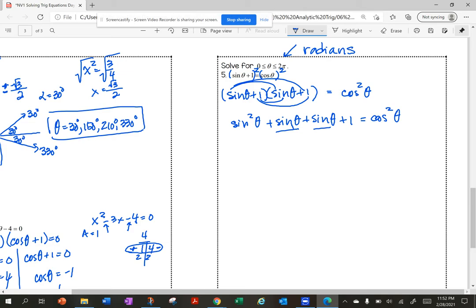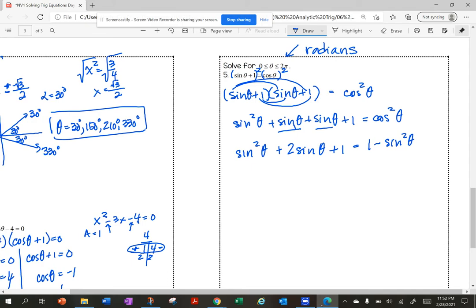I'm going to combine like terms. So I get sine squared theta plus 2 sine of theta plus 1 equals, and I know cosine squared I can substitute with a Pythagorean identity as 1 minus sine squared of theta. Now I want to add sine squared of theta to both sides.